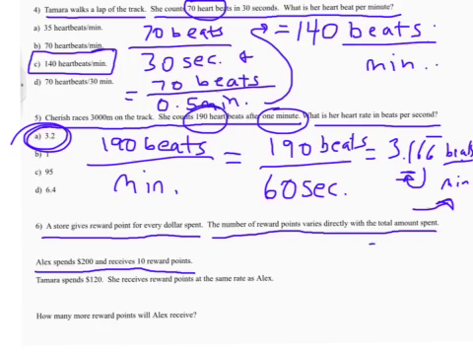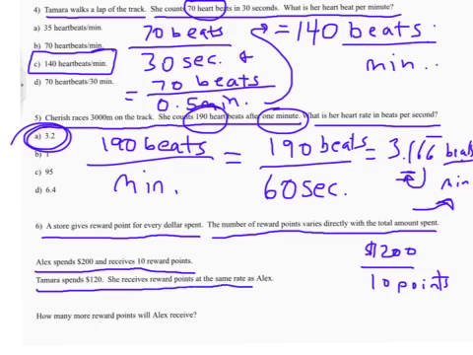Well, let's see what that looks like. $200 per 10 points. And Tamara spends $120. She receives reward points at the same rate as Alex. So we need to see what her rate in dollars per point is.